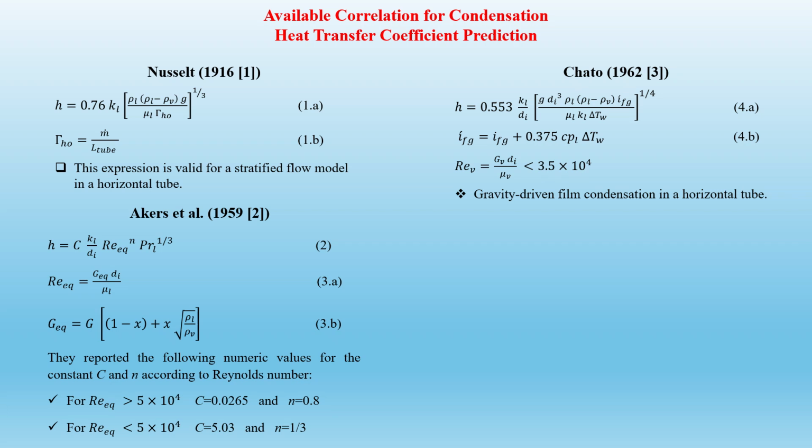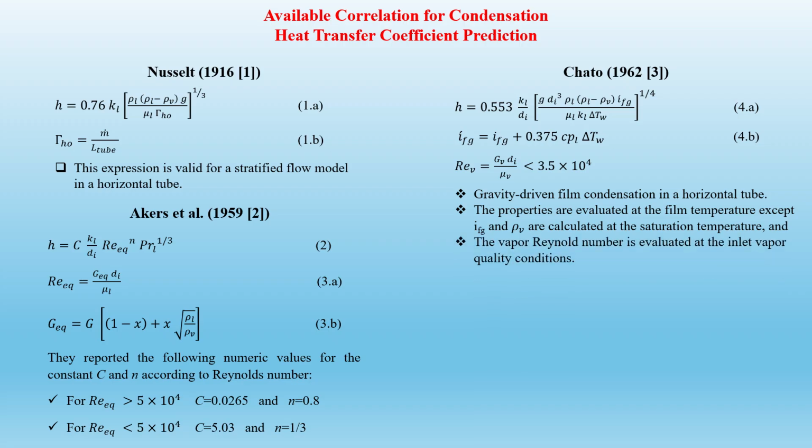It is applied for gravity-driven film condensation in horizontal tubes. For the calculation of the thermal properties of the fluid, all of these except i sub fg and rho V are calculated at the saturation temperature, and the other properties are calculated at the film temperature except these two.